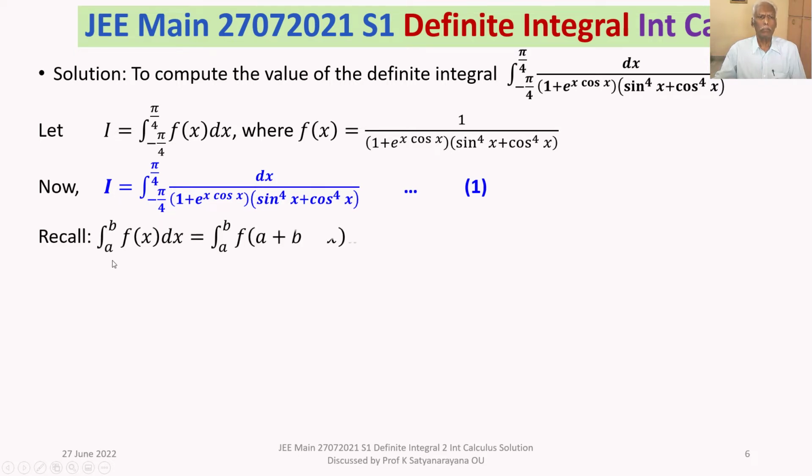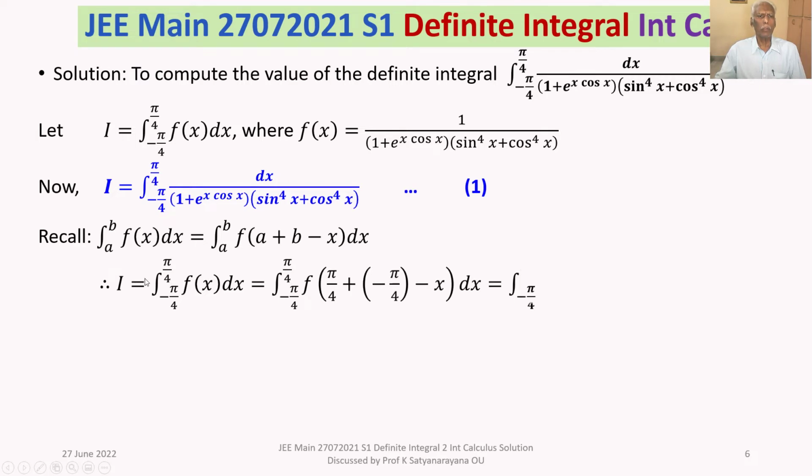We recall this result: the integral a to b of f(x) dx is equal to the integral a to b of f(a plus b minus x) dx. Now, I is equal to the given integral from minus pi by 4 to pi by 4 of f(x) dx. Now, apply the above result.